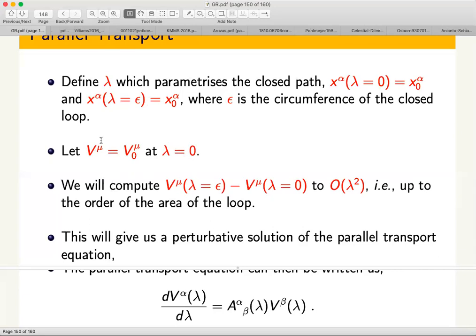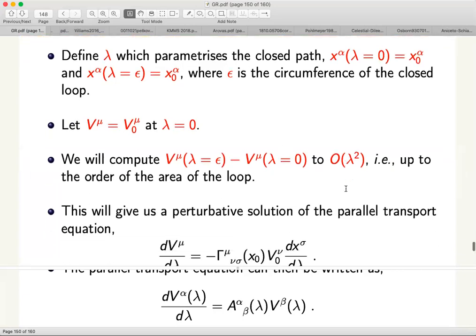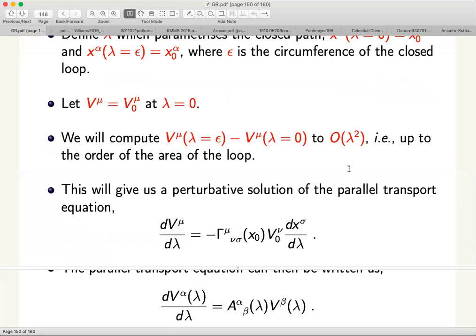Suppose the vector v mu at lambda equals 0 is v0 mu. Then we want to compute the difference between the vector brought back along the closed loop and the original vector, up to order lambda square.